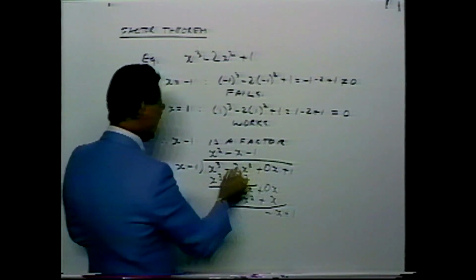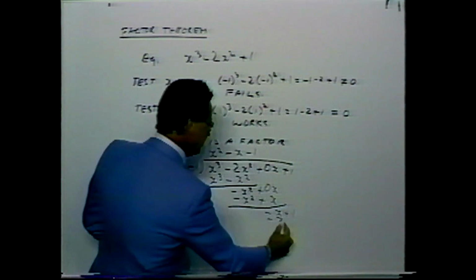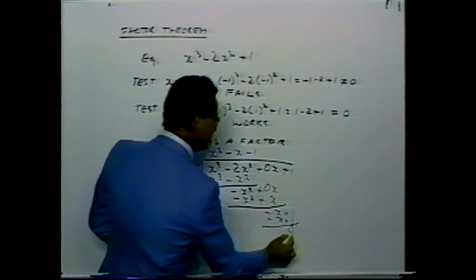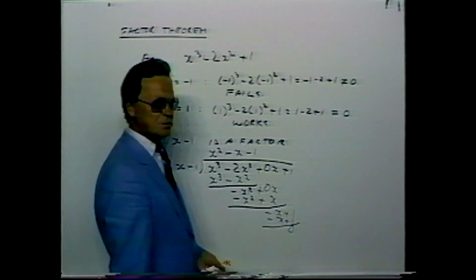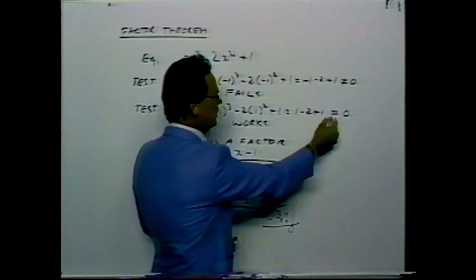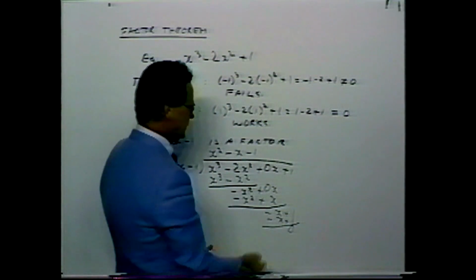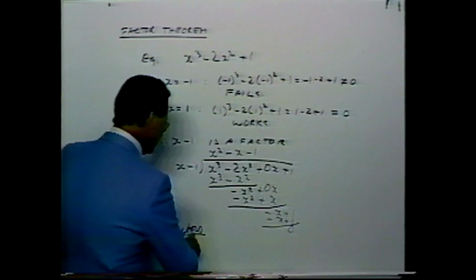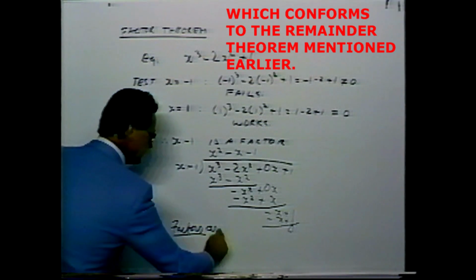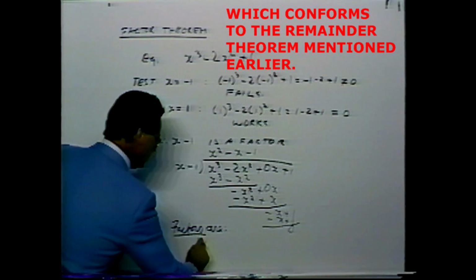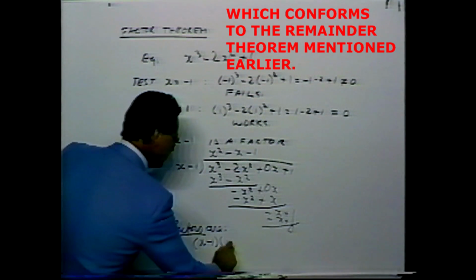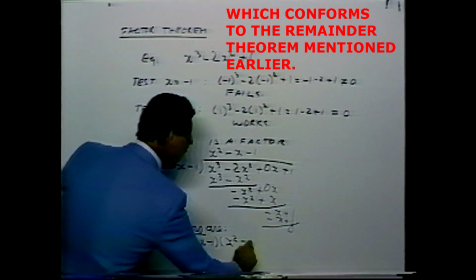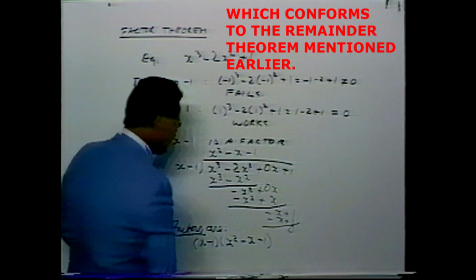X into that is minus 1. And when we finish this off, the remainder is 0, as we expected. If this did not equal 0, you would get a remainder, as the theorem explains. The factors are x minus 1 multiplied by x squared minus x minus 1.